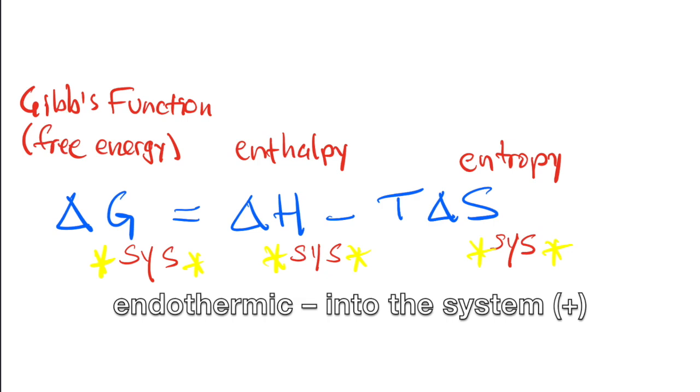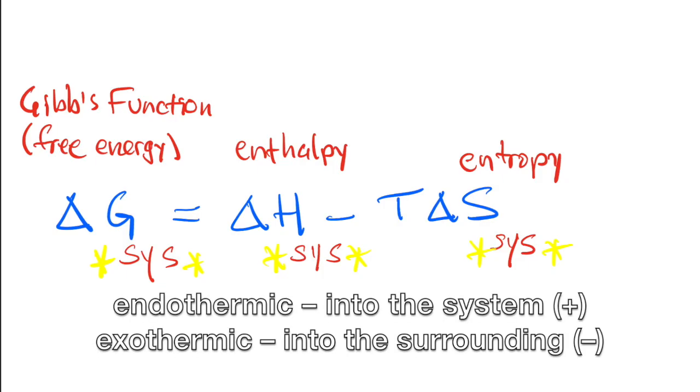If it's exothermic, that means the energy is going out of the system, and we put a negative sign on that. It's not negative energy. It's energy. It's the flow of energy. The negative and the positive sign is just our convention to show us which direction that energy is flowing, either into the system or out of the system.